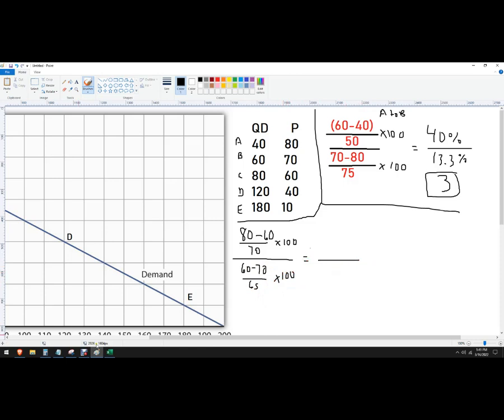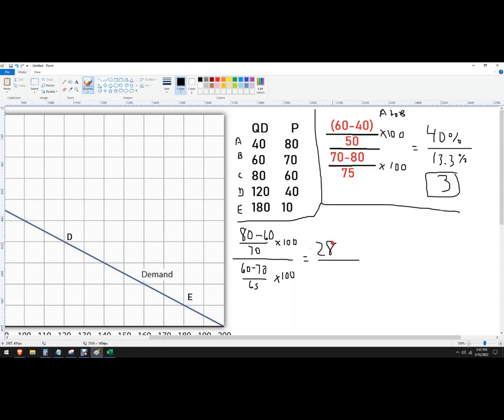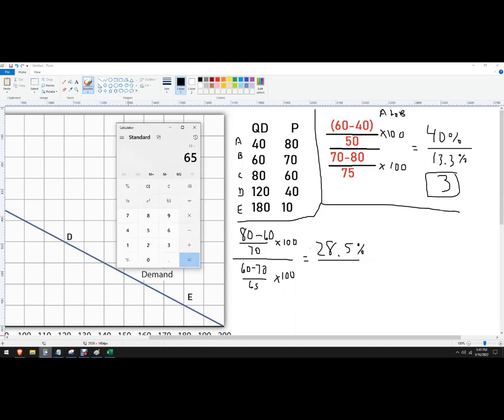Figure out what this is. That's 20 over 70, so 2 over 7 is 28.5. It's okay to round these because this is all, of course, a ratio. And then 10 over 65 is 15.3%.